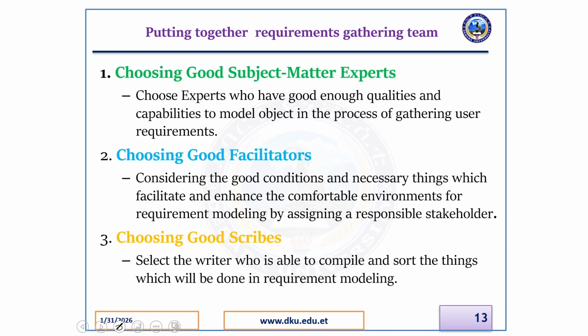In this case, considering the good conditions and necessary things which facilitate and enhance a comfortable environment for requirement modeling by assigning a responsible stakeholder. And the third is choosing good scribes. In this case, selecting a writer who is able to compile and sort the things which will be done in requirement modeling.